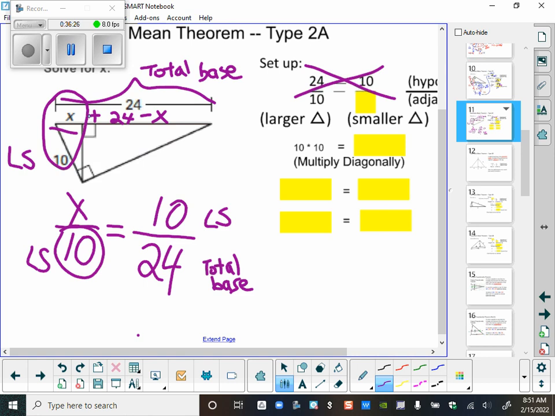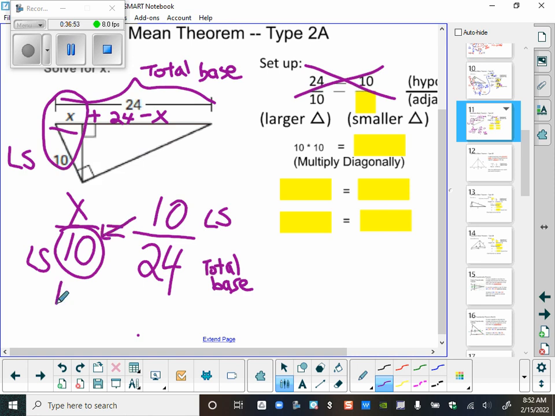Now, here's why in the end, this really didn't matter. Are we in a position where we can find X? Are we in a position where we can find that X value? We can. All right, because go back to your diagonals.